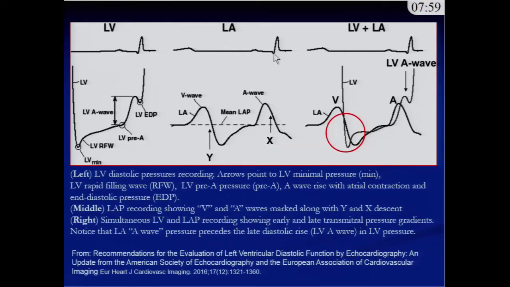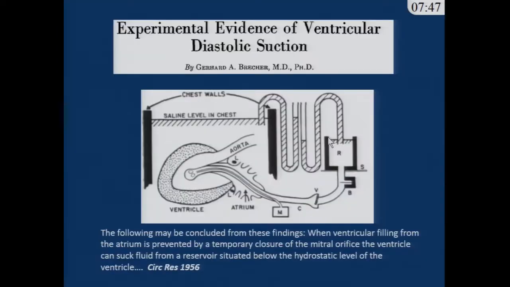Now we know, if you like, pressures rather than, we know that there's a negative pressure gradient here, and this was shown many years ago to be due to suction. In fact, it was first described, apart from Harvey, in 1956 in this lovely experiment where they took the heart, they put a tube in here through the mitral valve, blocked the mitral valve, and there's a reservoir here, saline reservoir.